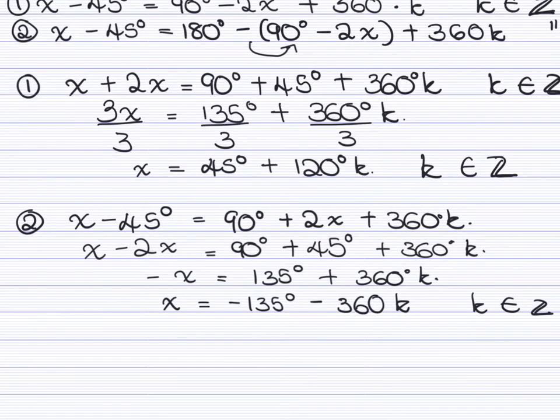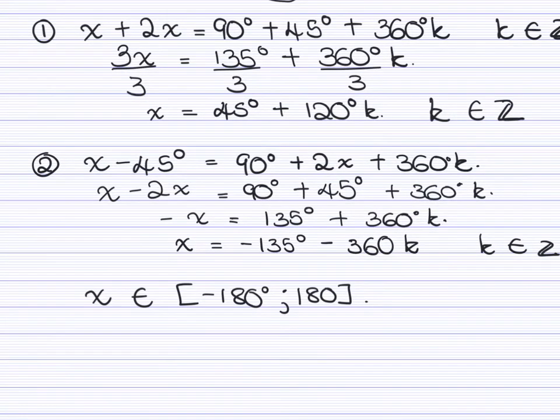Right. Now the next step requires us to sub in values of k. Remember, your k is an integer. The reason why we're doing that, we want to actually solve and find values of x that are between and including −180° and +180°.